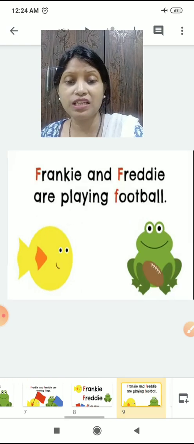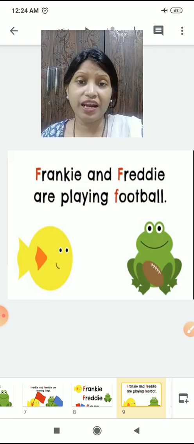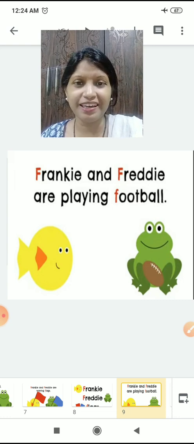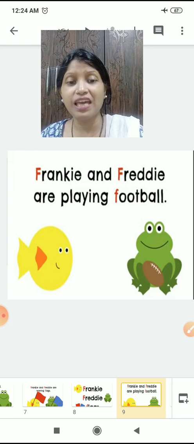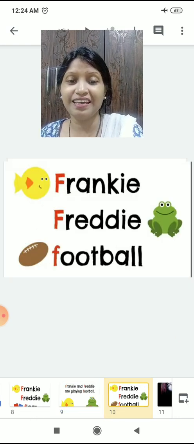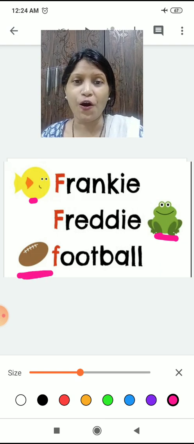Frankie and Freddy are playing football. What are they doing? Yes, they are playing football. Frankie and Freddy are playing football. See, Frankie, Freddy and football.